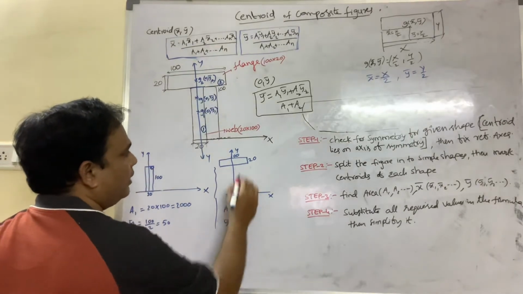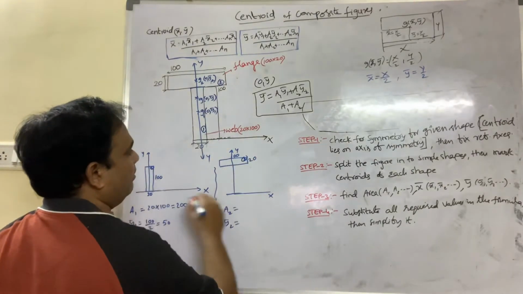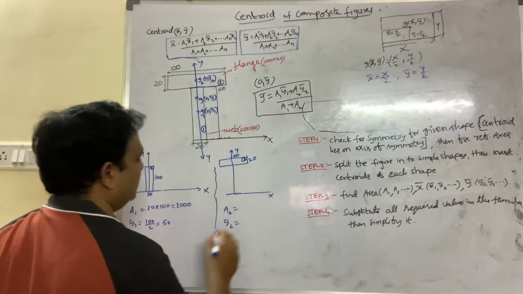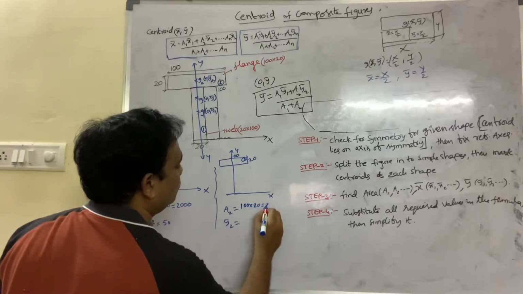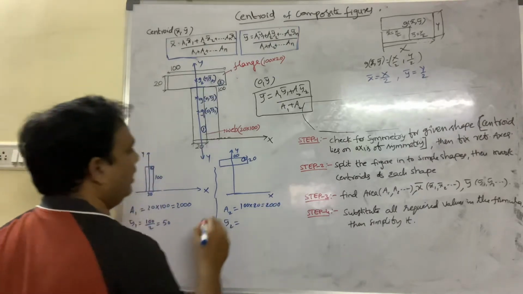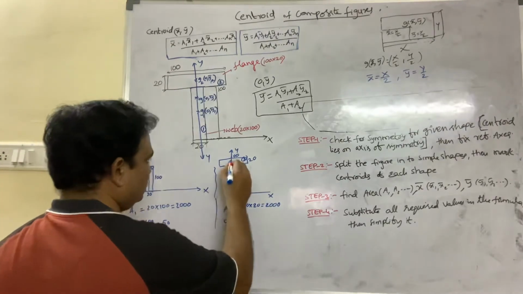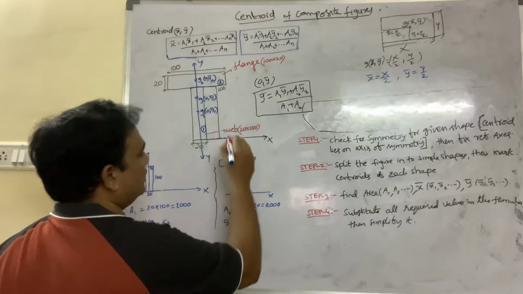A2 means area of the second member. The second member dimensions are 100 into 20, which means 2000 mm square, and y2 bar means the centroid.